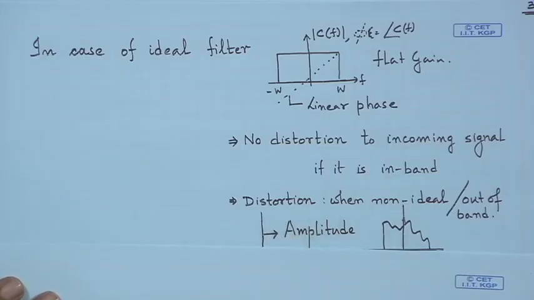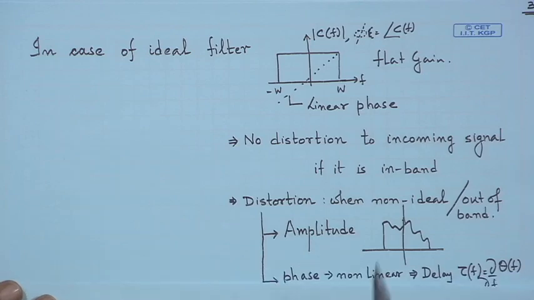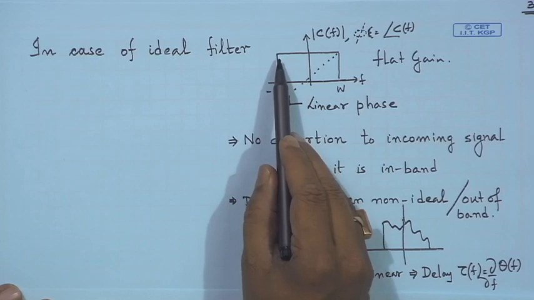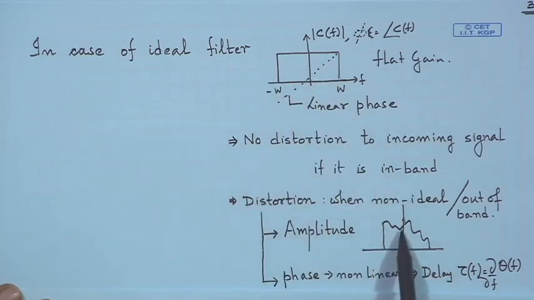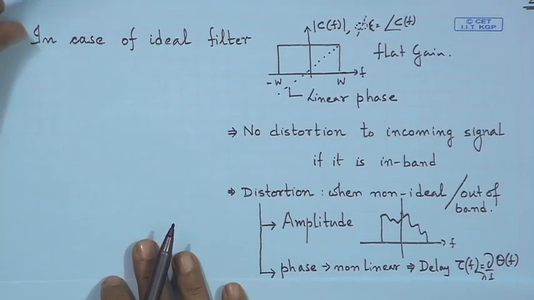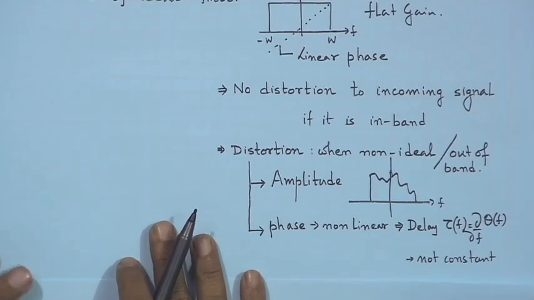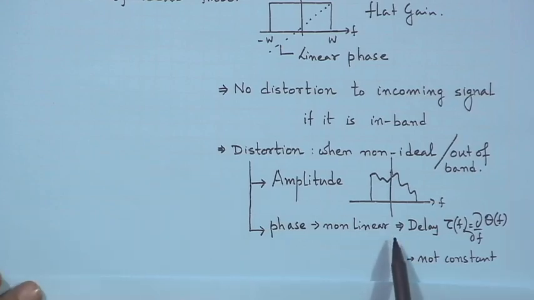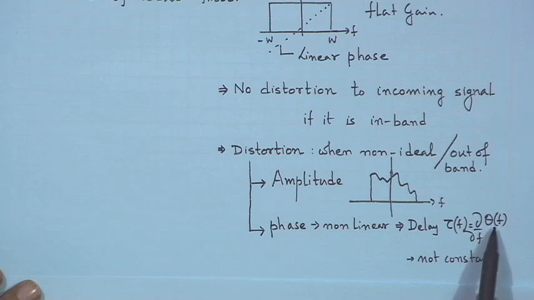So, typically channel distortions can be thought of as amplitude distortions, where instead of being constant, the amplitude could be fluctuating with f, and there could be nonlinear phase. As we just mentioned, in case of nonlinear phase, the group delay, which is the derivative of phase with respect to frequency, is not constant.